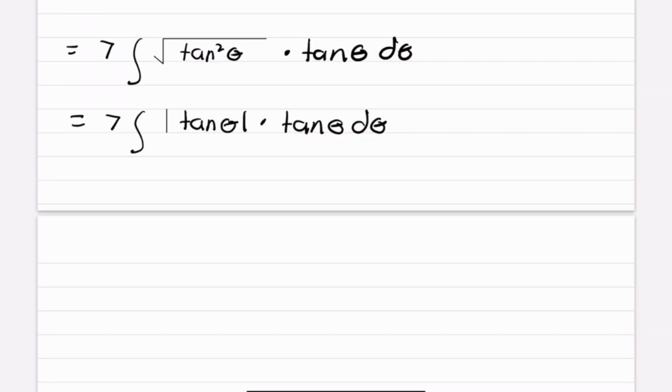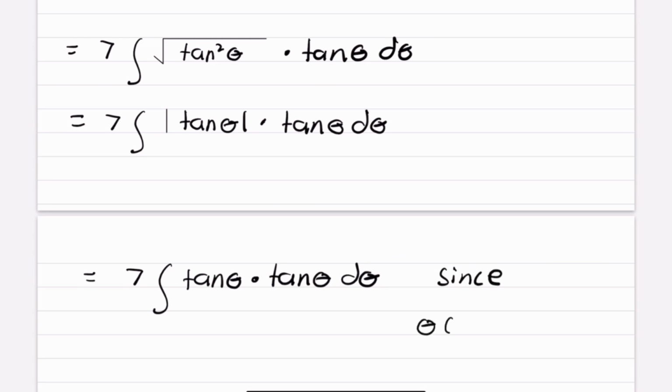Now, since theta belongs to the interval between 0 and pi over 2, we can remove the absolute value. So this is equal to 7 times the integral of tan theta times tan theta d theta, since theta belongs to the interval from 0 to pi over 2.